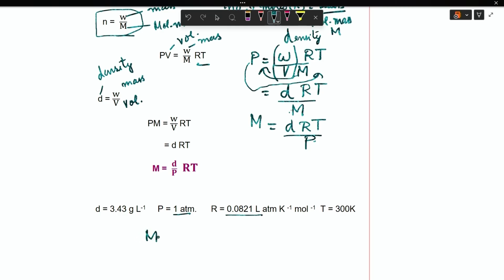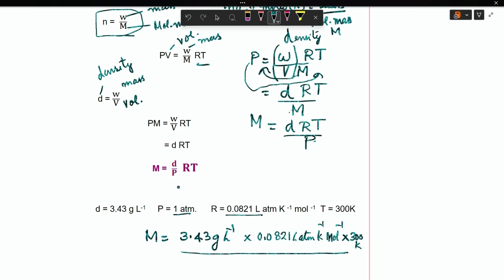M equals density 3.43 grams per liter into R 0.0821 liter atmosphere per Kelvin per mole into temperature, that is 300 Kelvin, whole divided by pressure, 1 atmosphere.